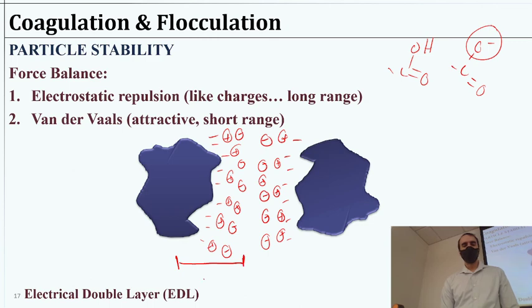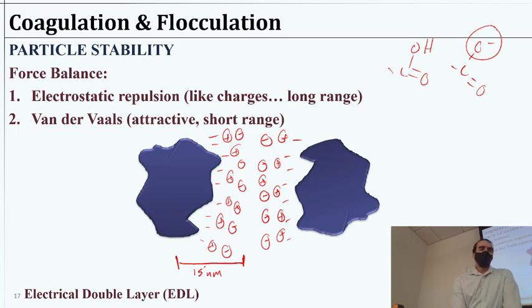So we have some distance here, and maybe this is 15 nanometers or something. It's some amount of space that can be significant, based on how many ions are in solution, how charged the surface is, and factors like that.